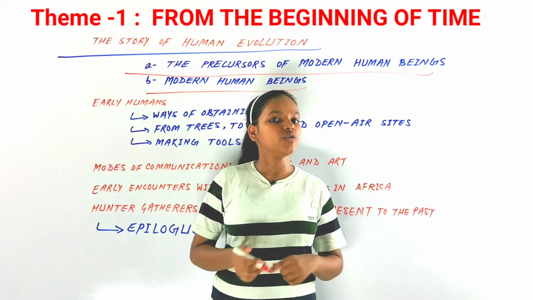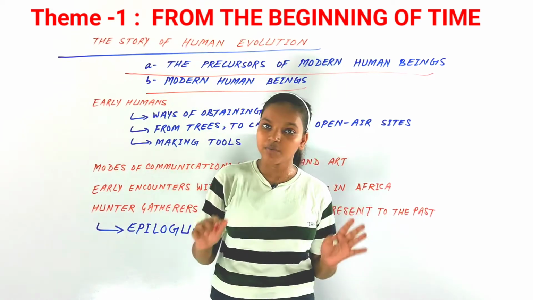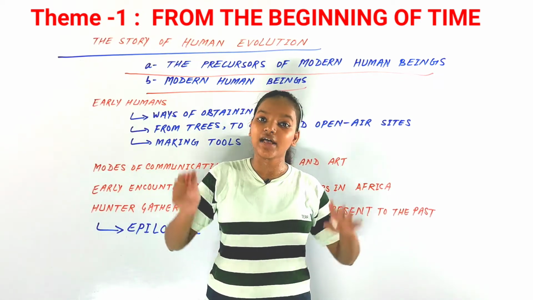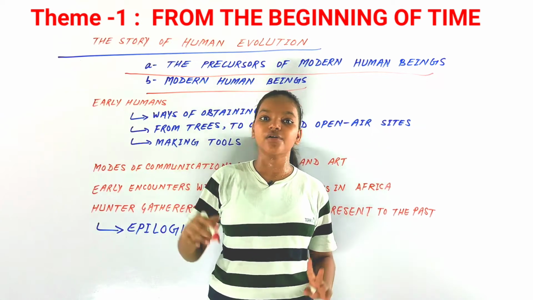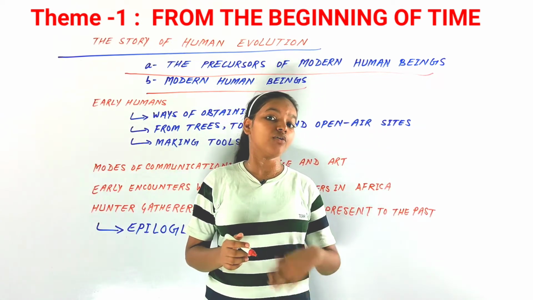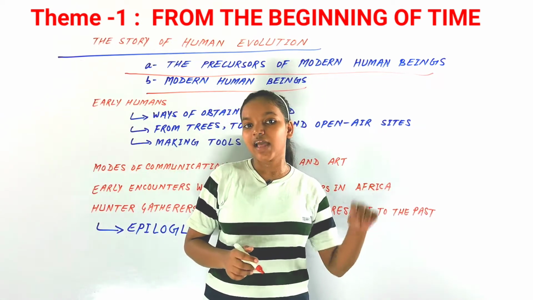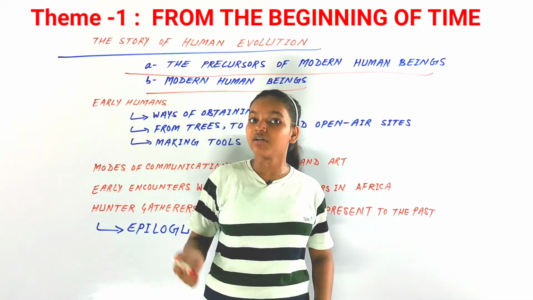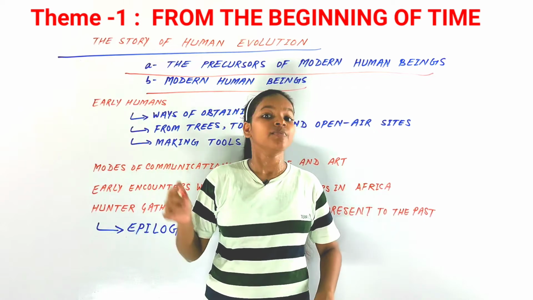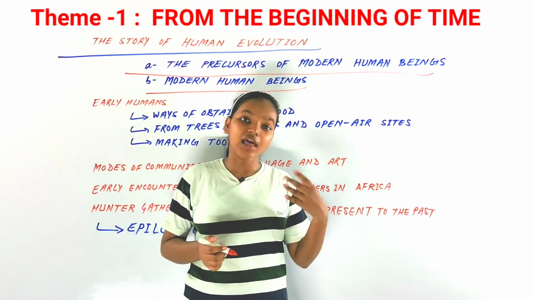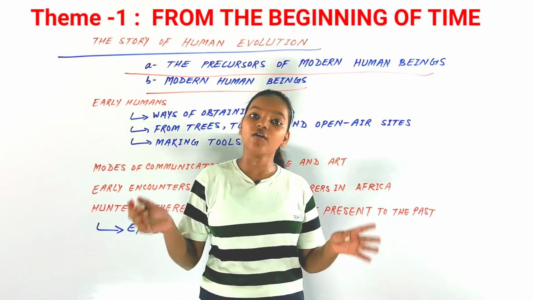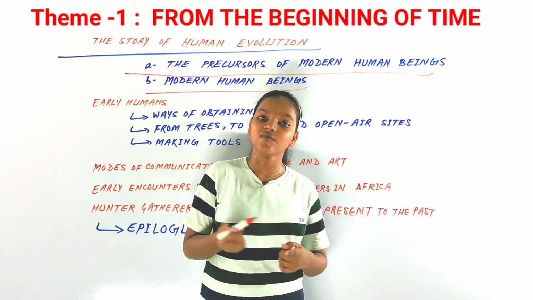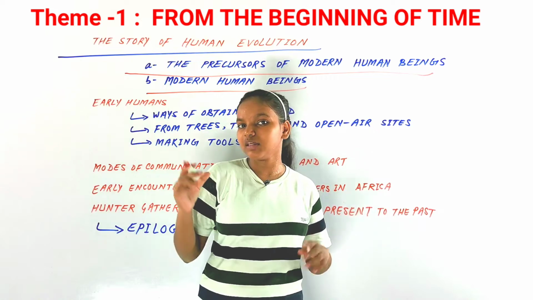According to the replacement model, the dissimilarities exist because people adapted over a long span of time. They migrated to other parts of the world and adapted to them, and there is an effect on them as well, because they are part of the whole population. So there are two models: the replacement model and the regional continuity model.